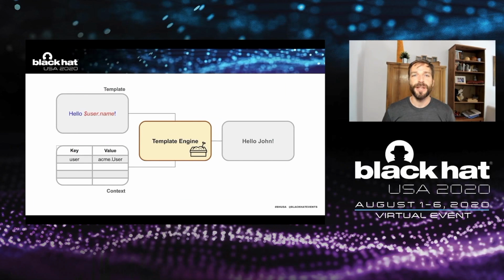So a brief introduction into what a content or template engine is. Basically, we have a template which is mixing both static and dynamic content, and then the template engine is resolving and expanding this dynamic content by using some objects that are available in something known as the template context.